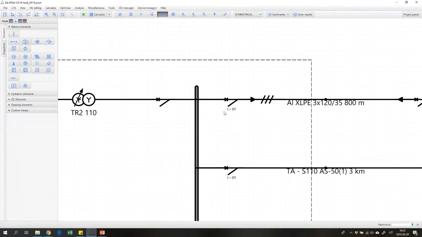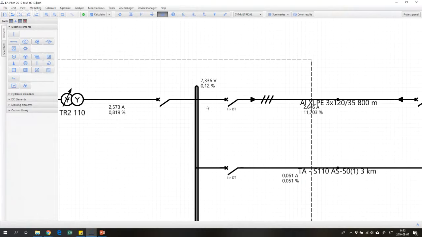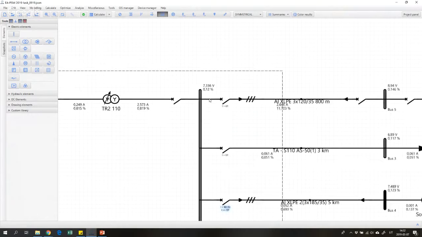Actually, this finding is very interesting for the distribution system operator. So we see that now the harmonic distortion is significantly smaller, which means that our powerful solar power plant is actually the main source of harmonics in this particular network.